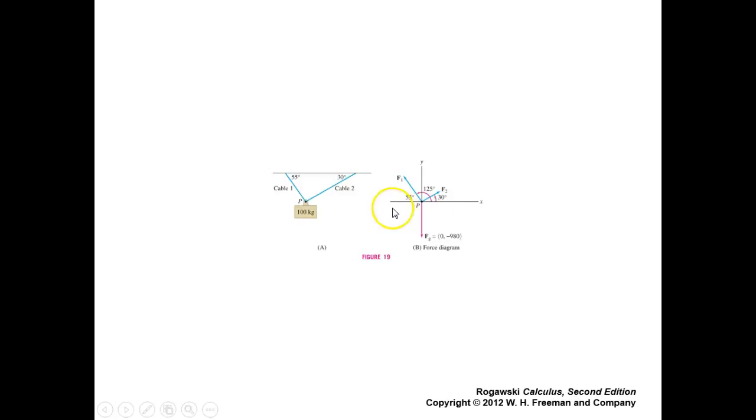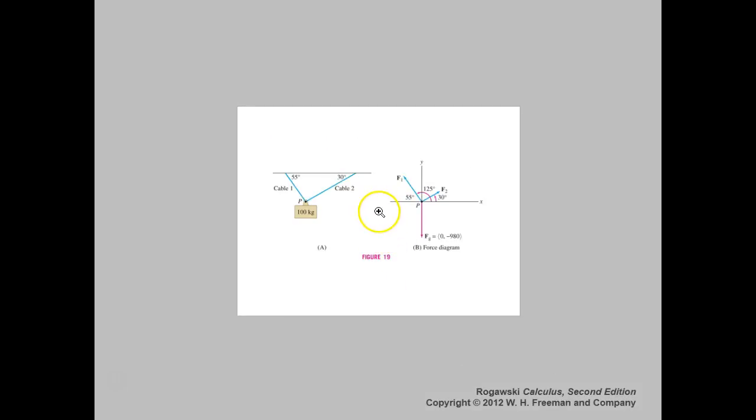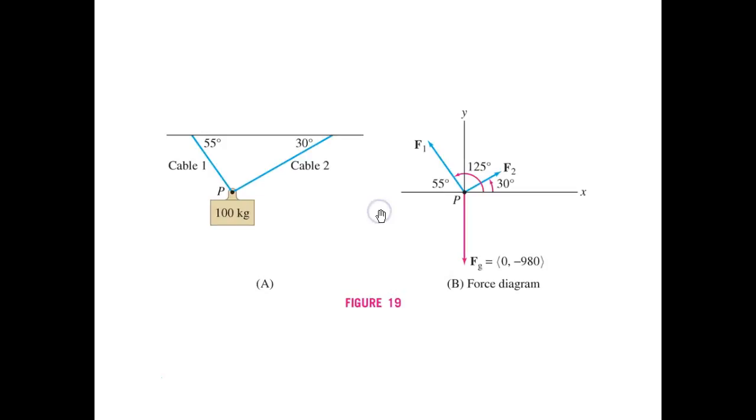Example 6. I'll have to do away with this as soon as I explain the problem. So here, find the forces on cables 1 and 2 in this figure. Okay? So here's what the figure is. Obviously, cable 1 is shorter than cable 2.